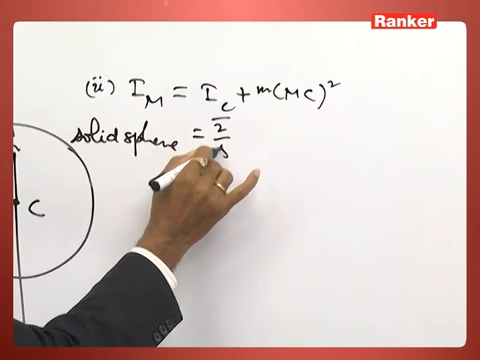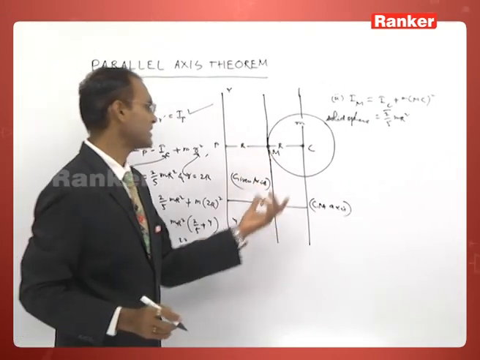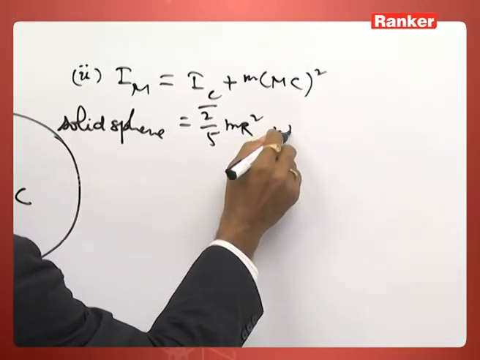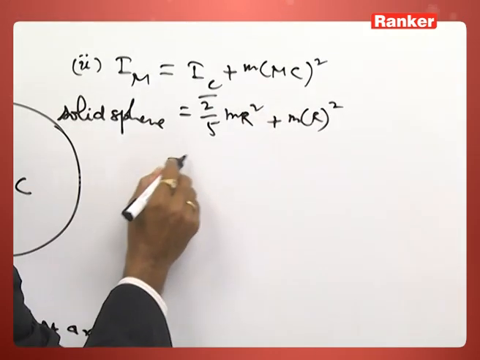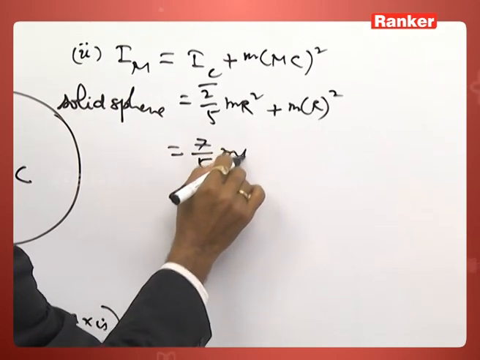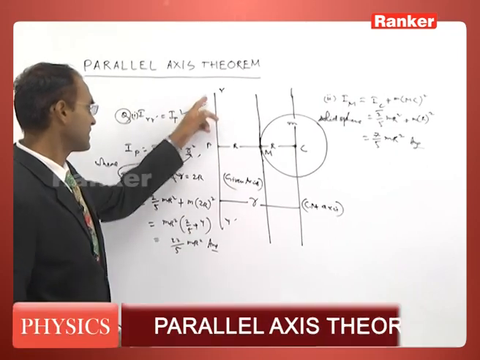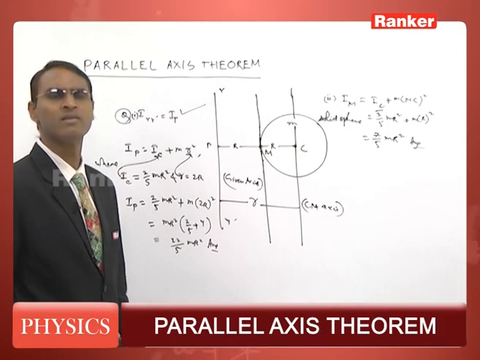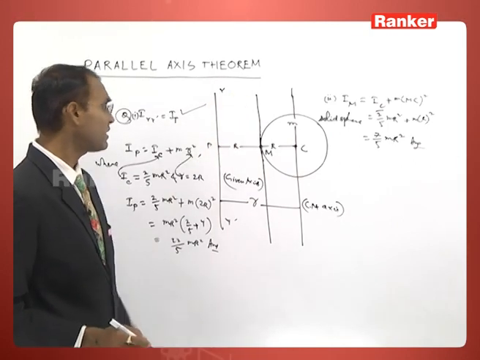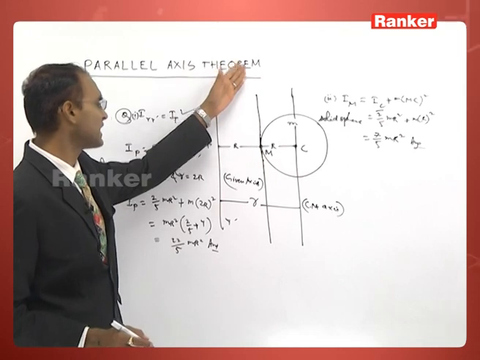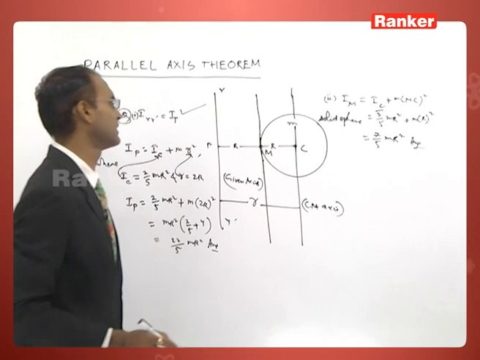IC is equal to 2 by 5 mr square, and the distance between these two axes in this case is equal to the radius of the sphere. This will give us 7 by 5 mr square. This axis just passes through the periphery of the solid sphere, or we can say it is just a tangent to the solid sphere, it is a tangential axis.